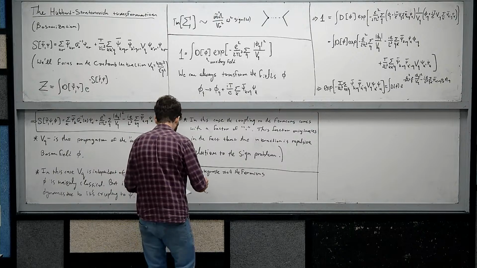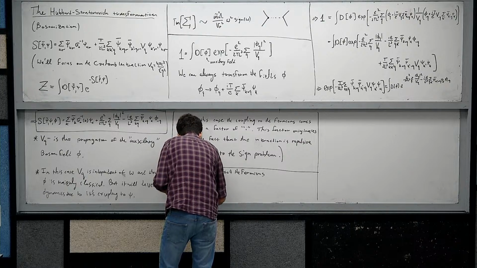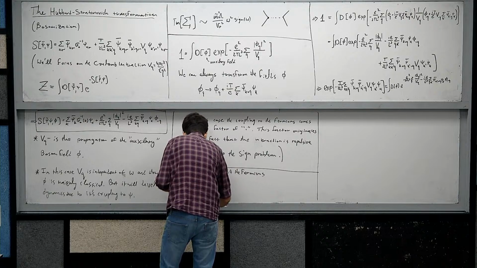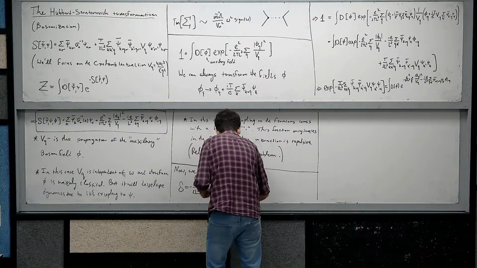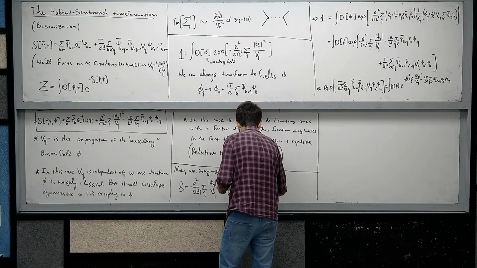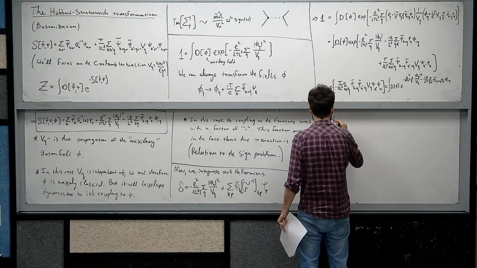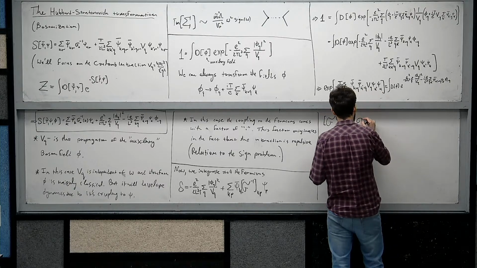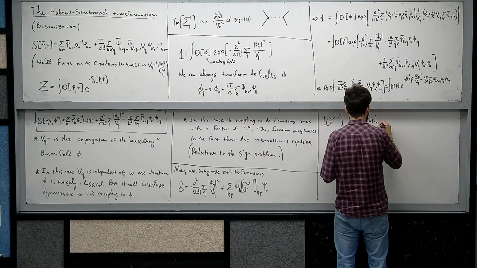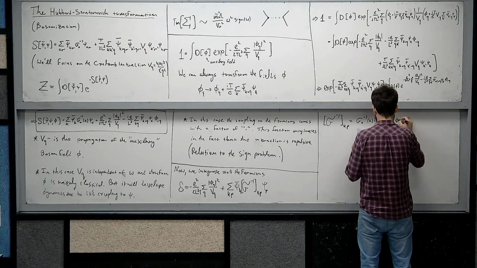So we can rewrite this action as minus e squared over 2L cubed T, sum over q, phi_q squared over v_q, plus a sum over k and p, psi bar k, G inverse of k and p, psi p, where G inverse of k and p is equal to G naught inverse of k, delta of k and p, minus i e over L cubed, phi of k minus p.